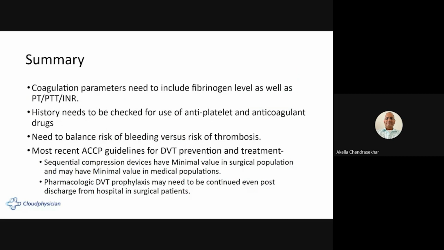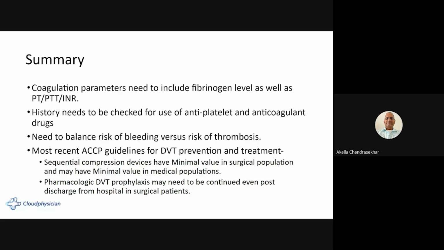Okay, so summary. Coagulation parameters need to include fibrinogen level. This is a change. It was not the case 10 years ago, but now, because we're learning so much about how fibrinogen is acting in the process, you need to check fibrinogen level. History needs to be checked for antiplatelet drugs and anticoagulants.